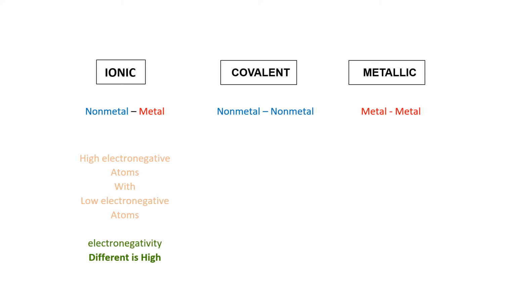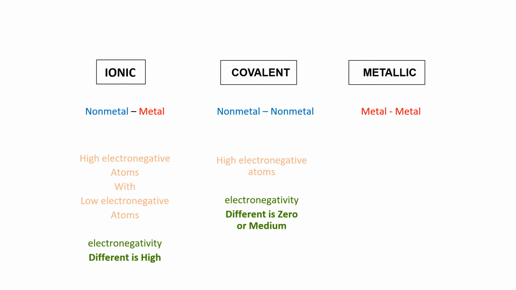In an ionic bond, highly electronegative atoms combine with low electronegative atoms, so the electronegativity difference between the two atoms is very high. In a covalent bond, both atoms are highly electronegative; if both atoms are the same, the electronegativity difference is 0, otherwise it is a low value.